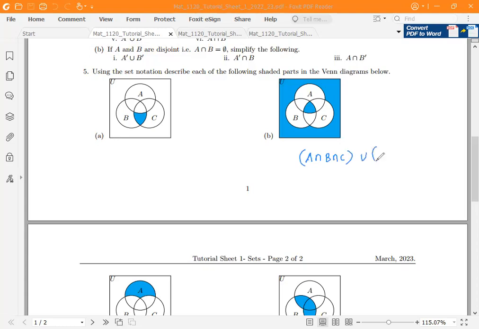Union, we also see A union B union C not touched afterwards. So the area outside is A union B union C complement. Plus the area inside is A intersection B intersection C. That's how we describe it.